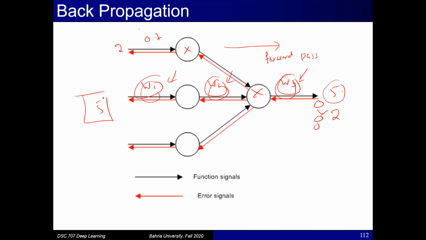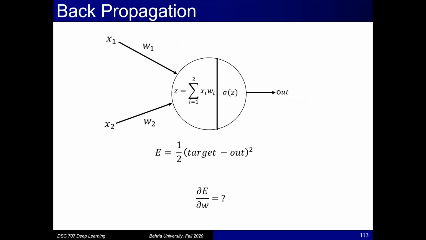Now you can already guess that we are interested in finding how the error is changing with respect to my weights, and some of the weights are in some initial layers. So in some time we are going to see the chain rule. If you can link this, you should be able to guess that the chain rule is coming up very soon.